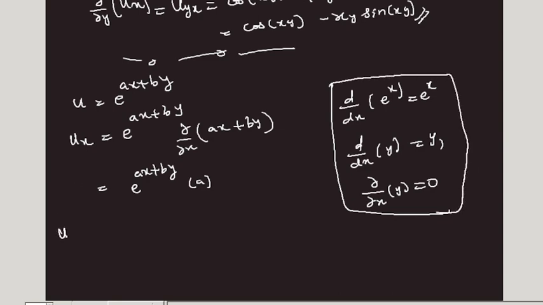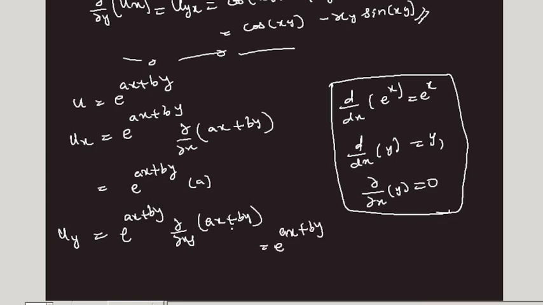Similarly, if we differentiate with respect to y, first we write the exponential term e power ax plus by, then differentiation of the power ax plus by. So here we get e power ax plus by, then differentiation of this one, ax is 0 with respect to y plus b.